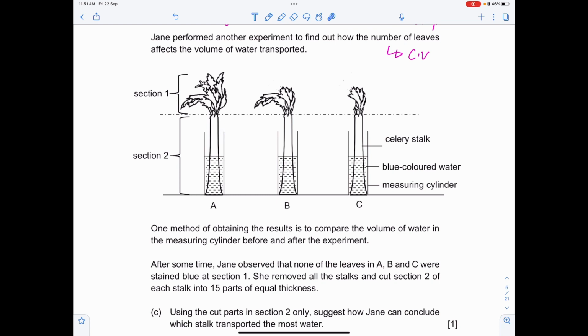So the higher that you find your blue, it tells you the more water is being transported. So why is it that this part is unaffected? It says none of the leaves in A, B, C were stained blue. So what it means is that the water has not reached over here.